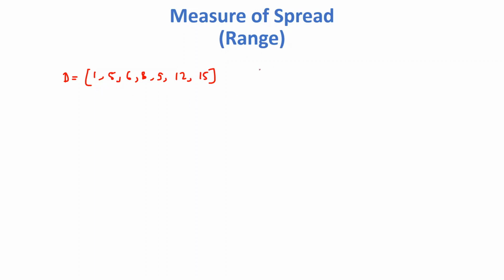So as I told you, range is the maximum value minus the minimum value. The maximum value is 15, minus 1, so the range is 14. This data set has a range of 14.